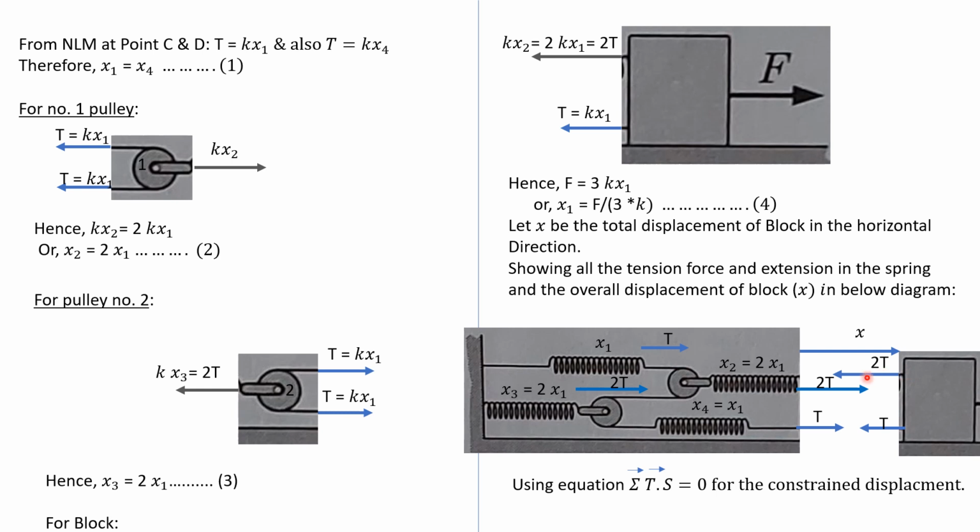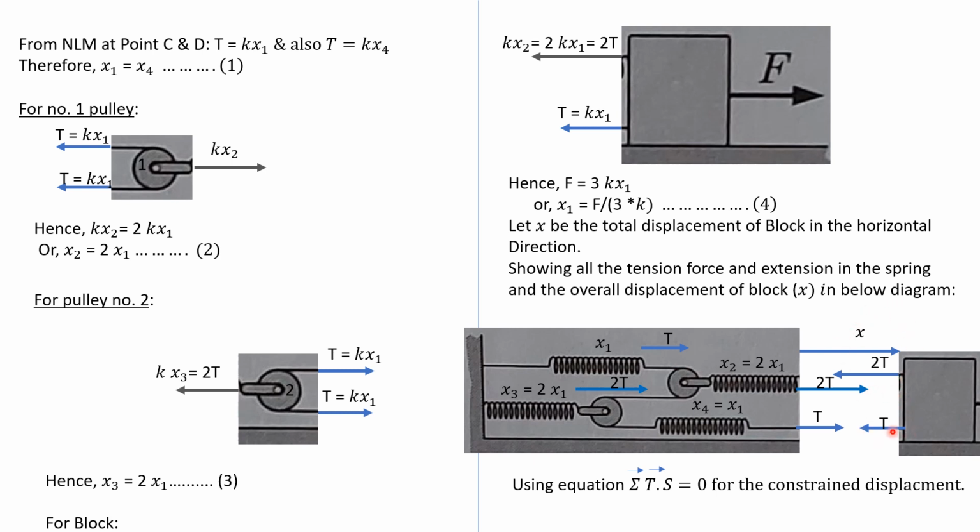But at this end, on the block, from Newton's third law, since this is pulling it with 2T, this will pull the block with 2T in this direction. So 2T into total displacement x into cos 180 degree.